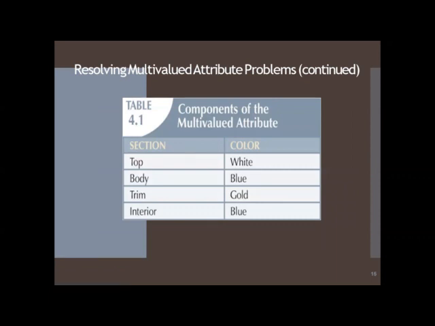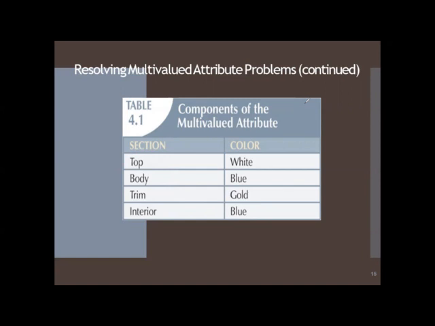In this slide, we see that the component of the multi-valued attribute has two columns, the section column and the color column. The section has top, body, trim, and interior.